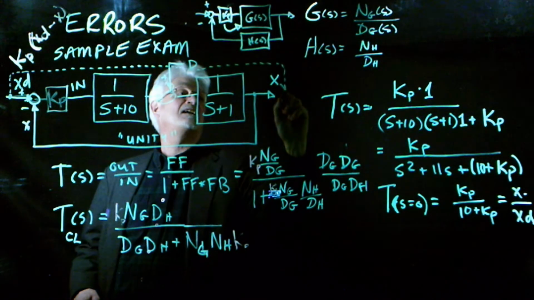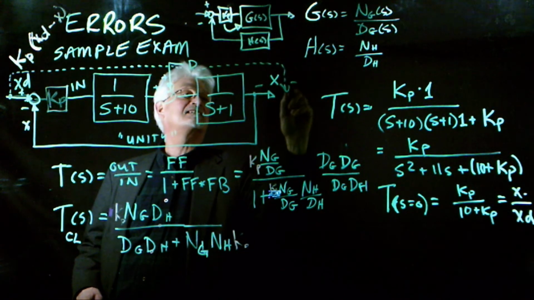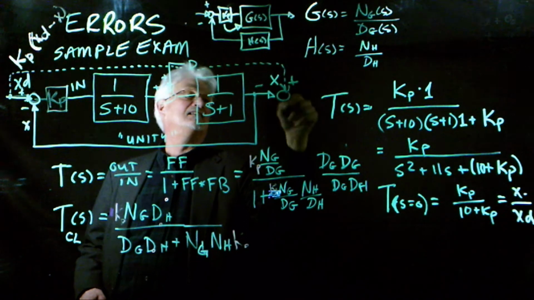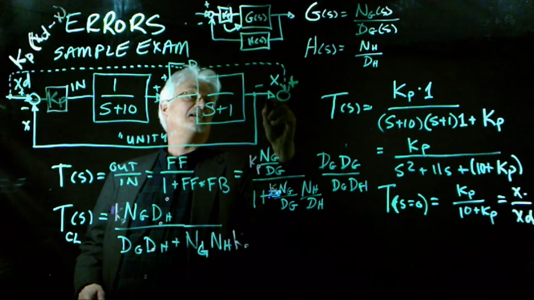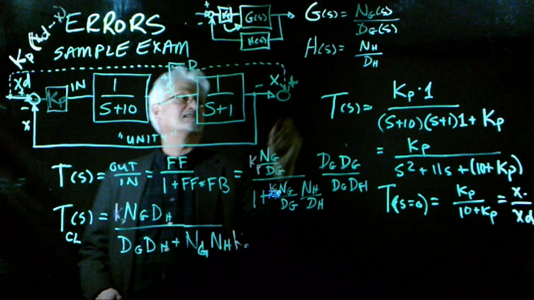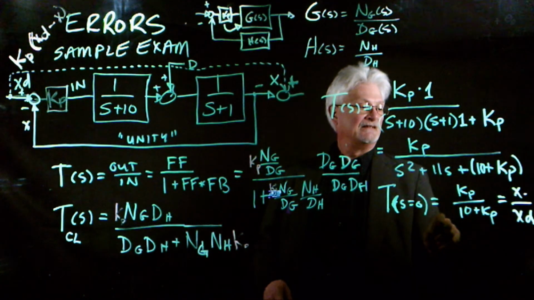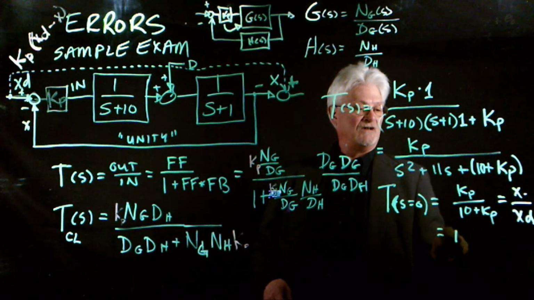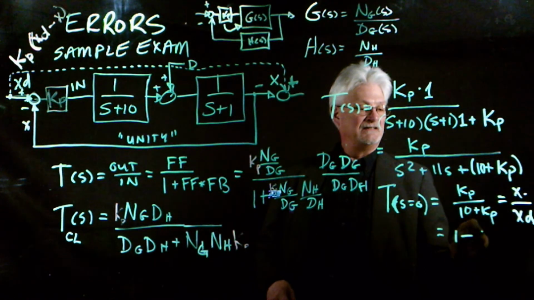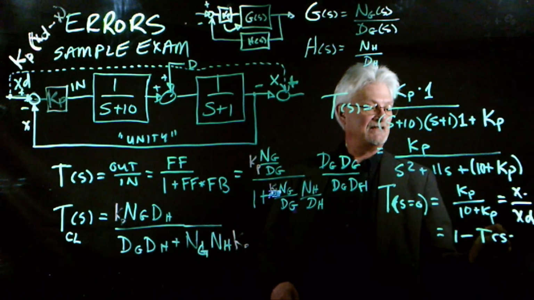And what I'll do is I'll subtract this and add this. This is what I want it to be. And then I'll subtract what it actually is. And then that'll give me the error, which is going to be 1 minus T of s equals 0.